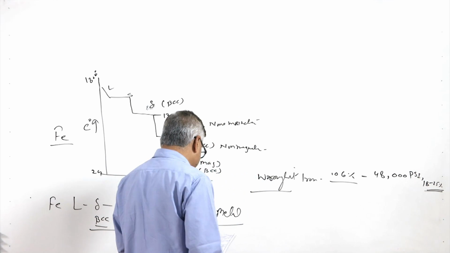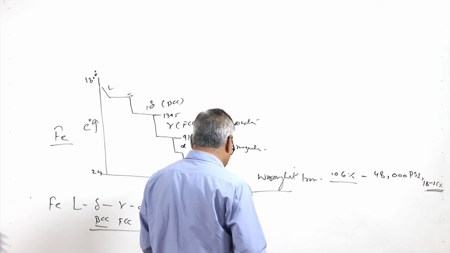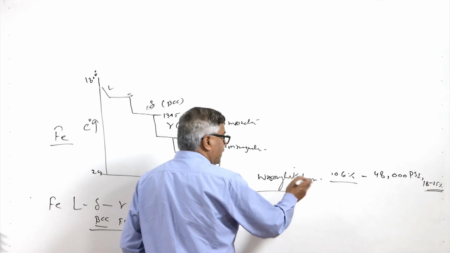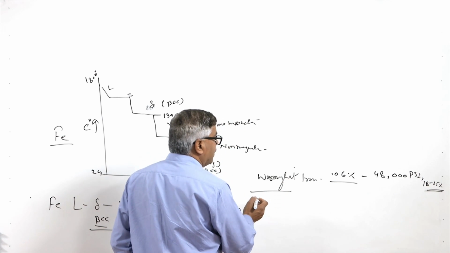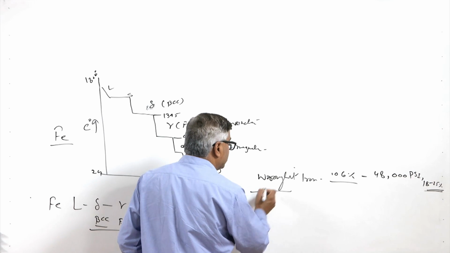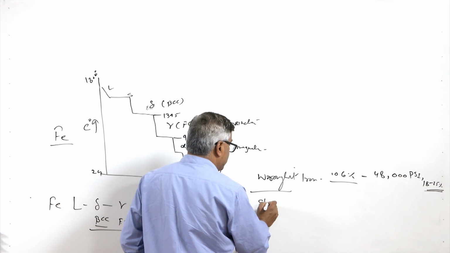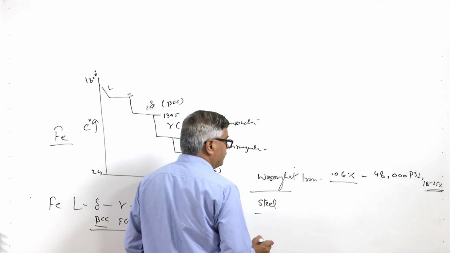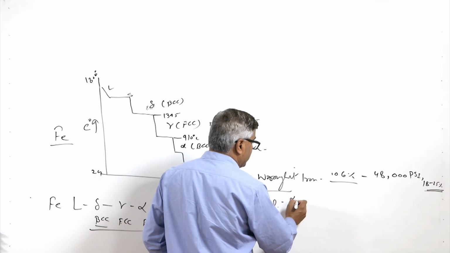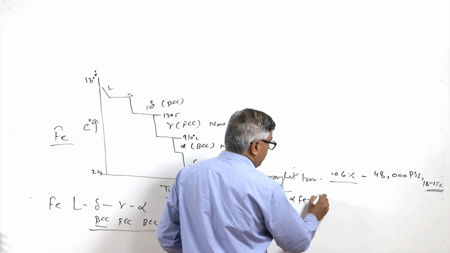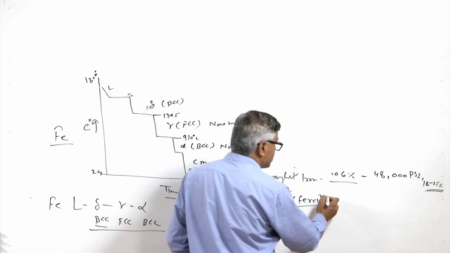Now if we see the various other phases present in iron, wrought iron is one, and then in steels we have a variety of phases, such as alpha, also termed ferrite.